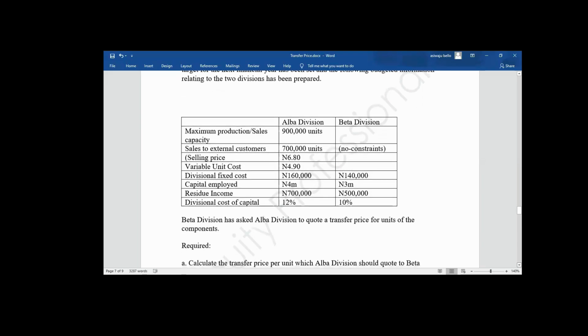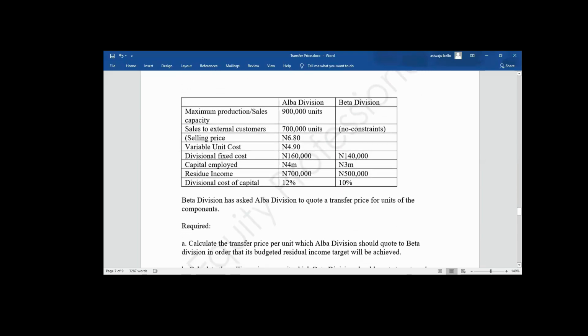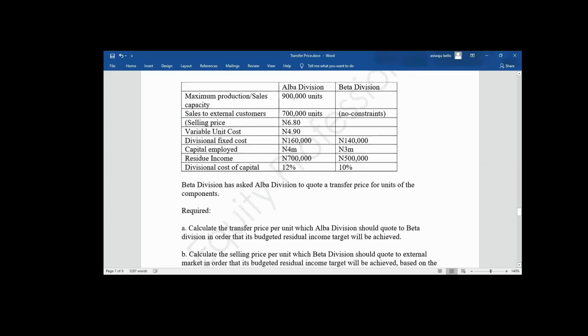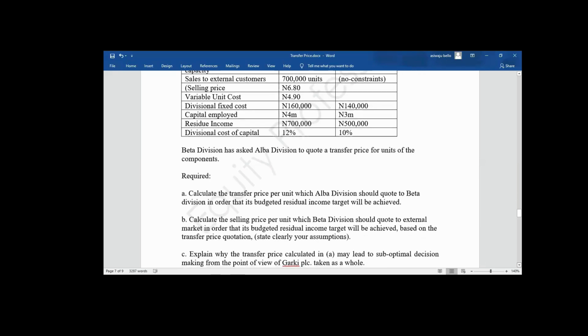Beta division has asked Alba division to quote a transfer price for units of the component. Requirement A. Calculate the transfer price per unit, which Alba division should quote to Beta division in order that its budgeted residual income target will be achieved.